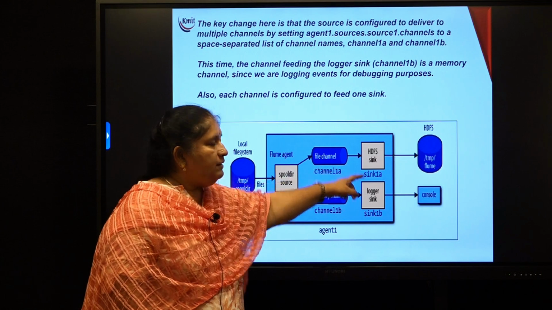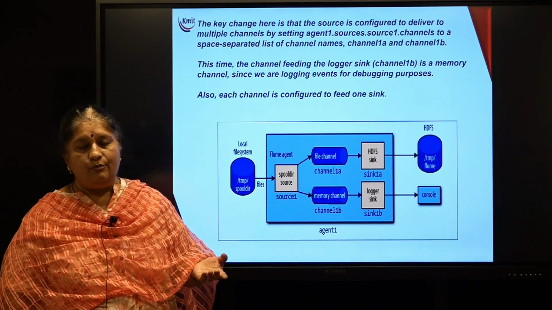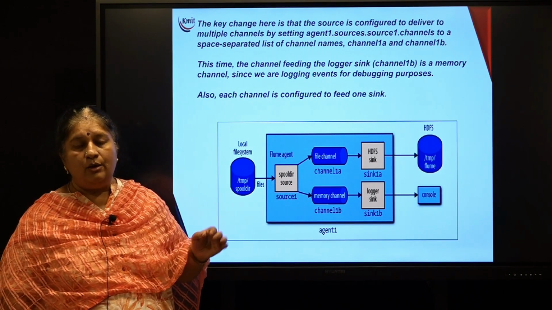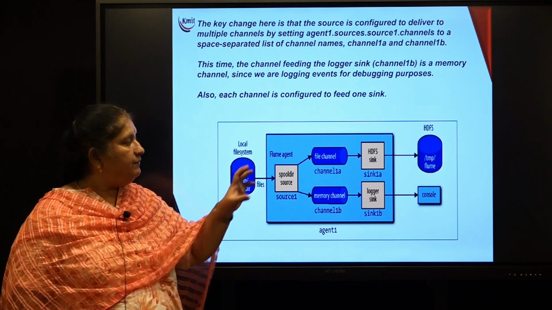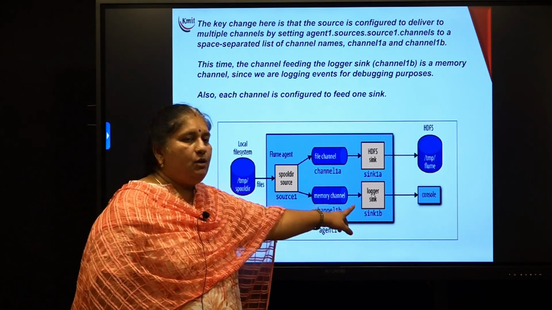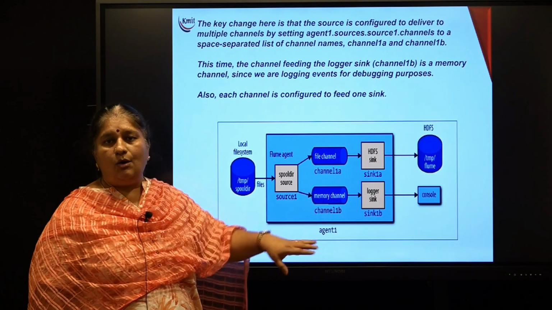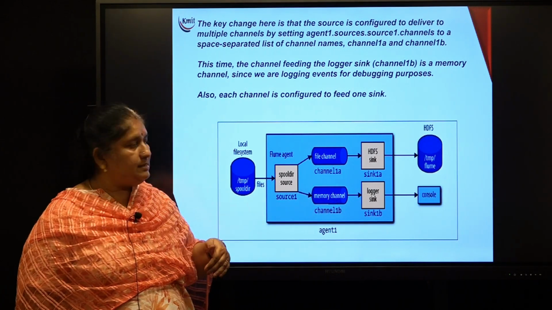Whatever files have been uploaded or downloaded, all such file content will be in HDFS, and the logger sink will record all the log events. This is the purpose of our example.